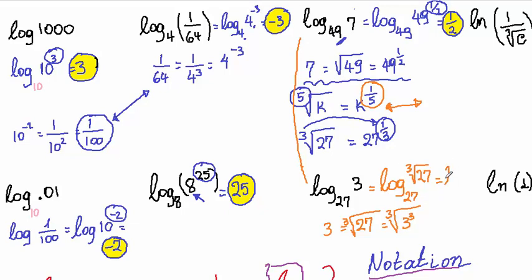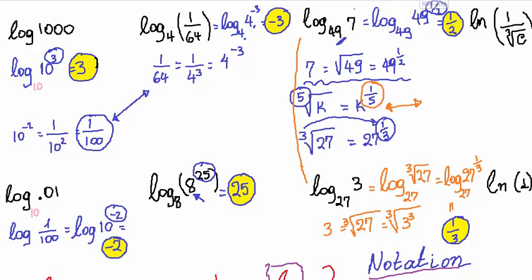So this is the log with base 27 of 27 to the 1/3. So this log is nothing else than 1/3. That is the exponent of the 27 in my problem.